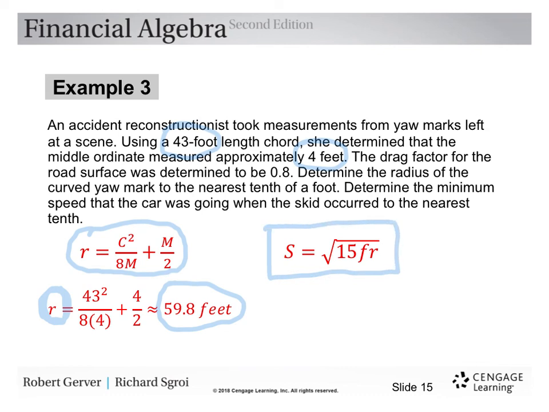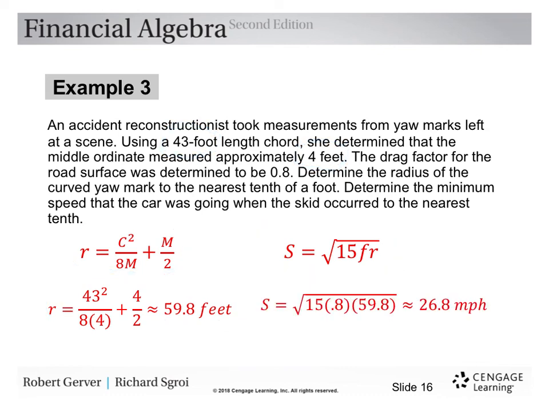All right, so now let's figure out the speed, okay? We know that the drag factor was 0.8. We know that the radius distance was 59.8.